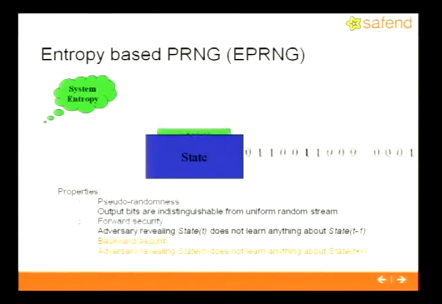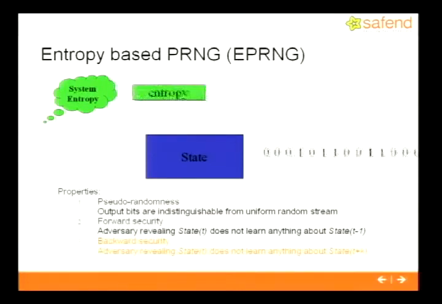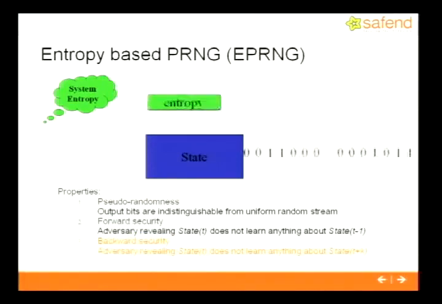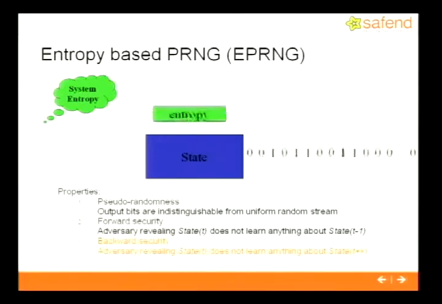What we gain, using the new entropy, the new unpredictable bits coming from the operating system, is the fact that if an adversary is penetrating the system and getting the state of the PRNG, there is a limited time that he or she can use it. Because after a very short period, there is enough entropy coming into the system and the state is clear again.